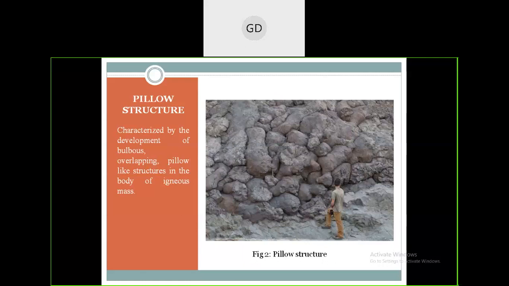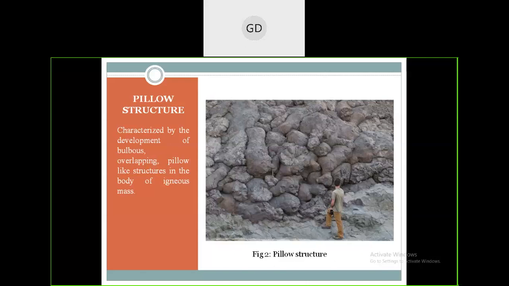This structure of rocks is formed from what? Mobile basaltic lava. Here, when the upper surface of the lava gets solidified, the lava beneath remains very hot and is able to flow.